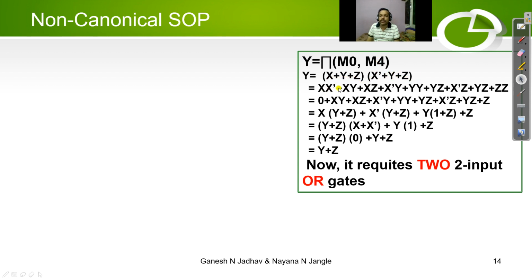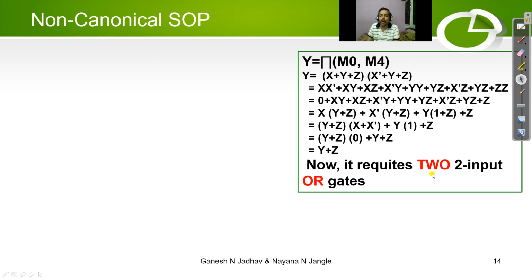Expanding this bracket, I got x into x dash, xy plus xz plus x dash y plus yy. Suppose I start minimizing this circuit using Boolean algebra. Finally, I am getting y plus z. See that this was the equation initially, now it is minimized to y plus z. So it is called a non-canonical form.